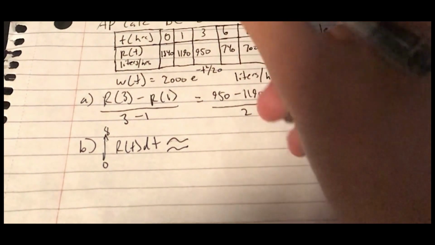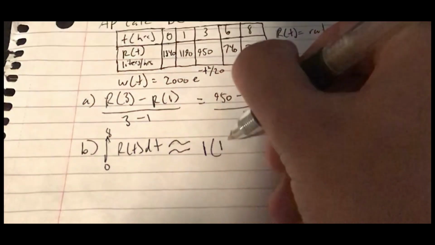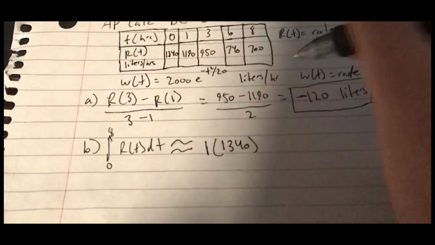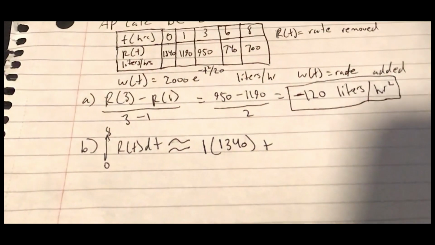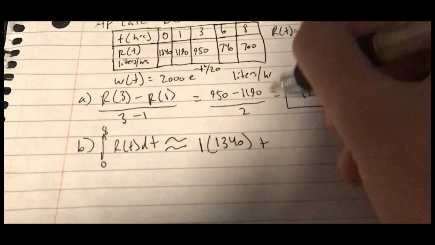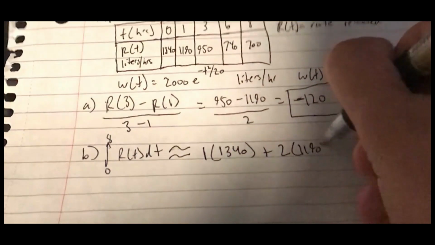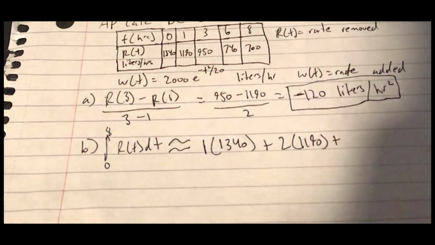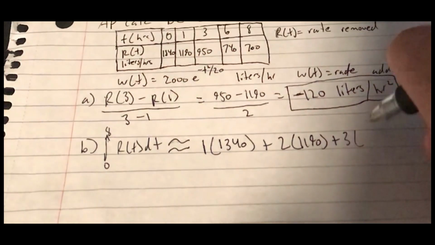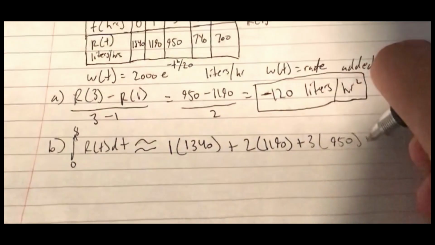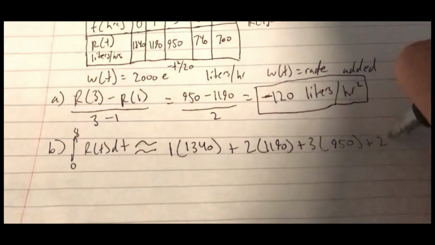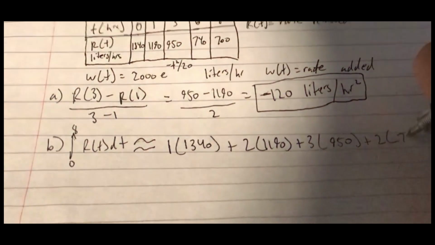So first of all, we have the change from 0 to 1, so that's just 1 times, we're using the left endpoint, so 1340, plus, now we'll use from 1 to 3, so 3 minus 1 is 2, times 1,190, plus 3 to 6 is 3, times 950, plus 6 to 8 is 2, times 740.